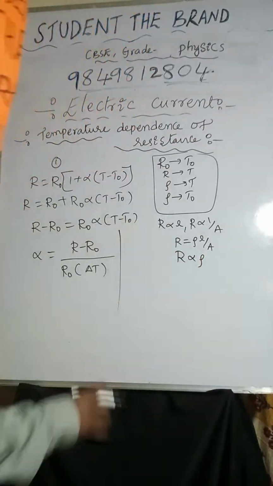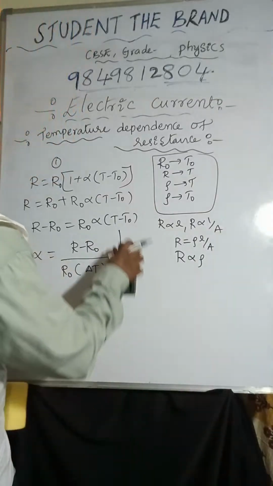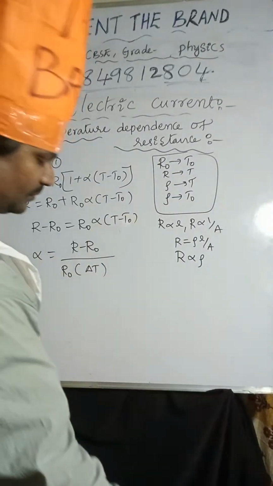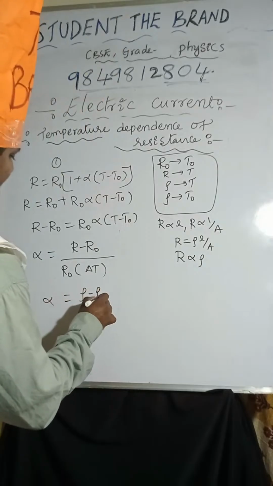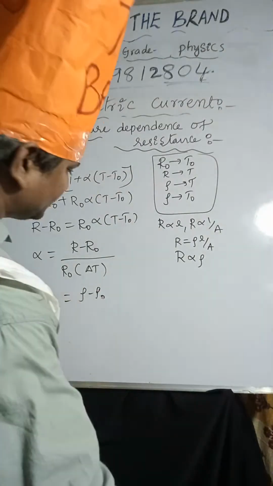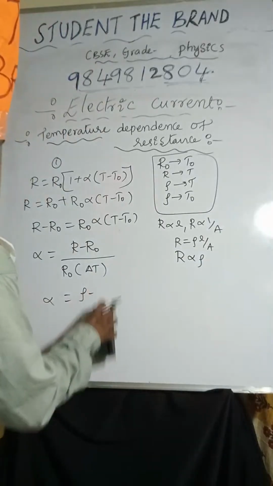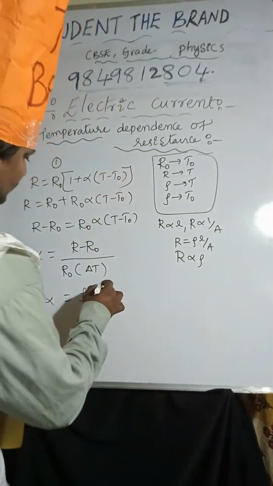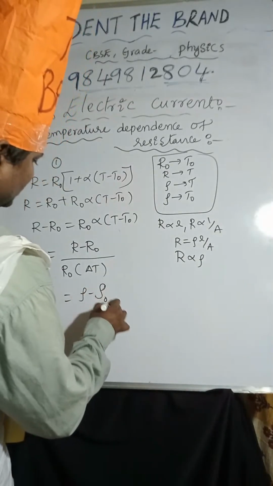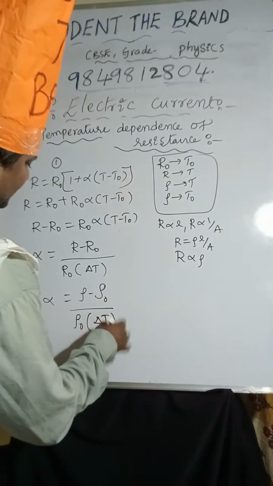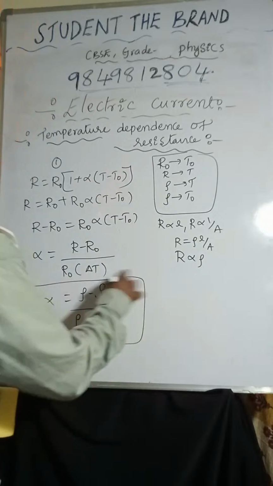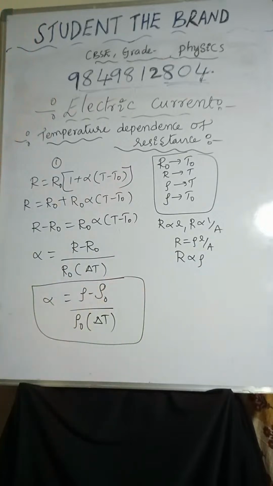Then we can take the relation alpha equal to rho minus rho naught by rho naught into delta T. That's enough. This is the formula for temperature dependence of resistance.